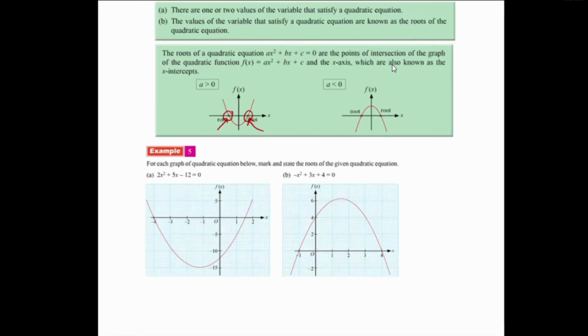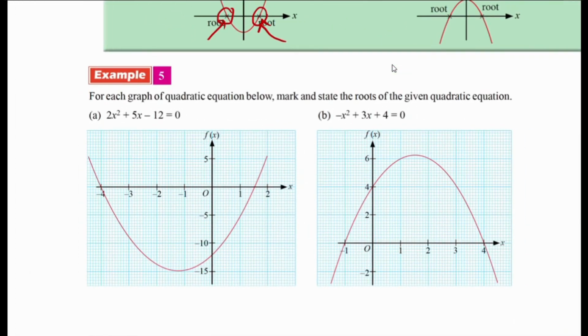For example, example number 5. For each graph of the quadratic function below, mark and state the root of the given quadratic equation. For the quadratic equation 2x squared plus 5x minus 12 equal to 0, you can find the root by referring to the x-intercept, where we state the value of x here.